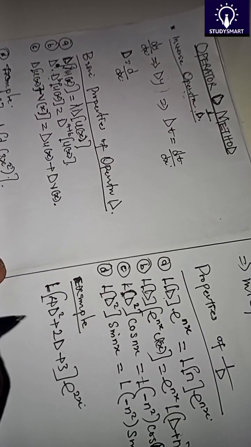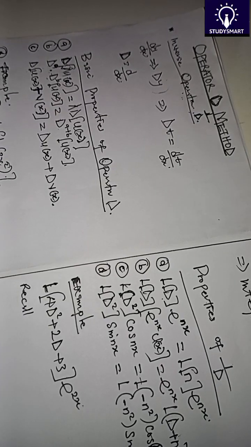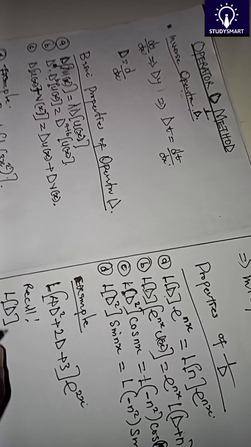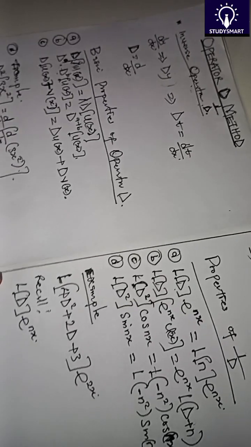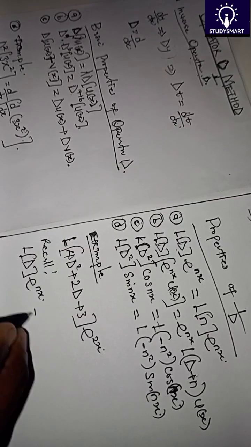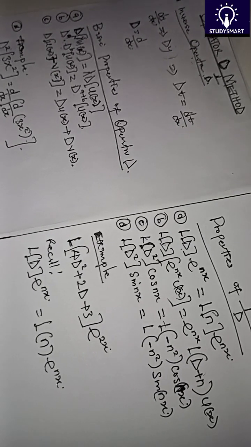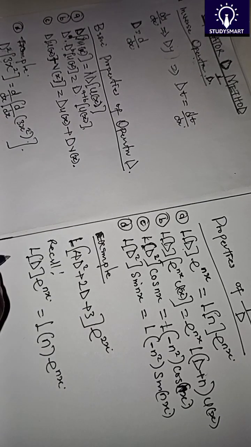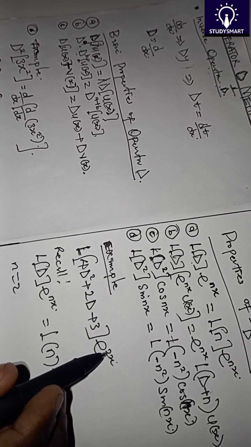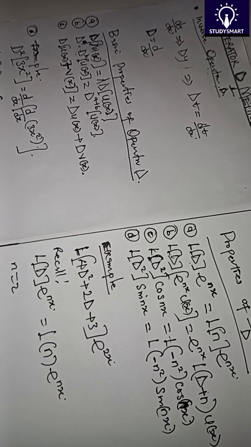Following the properties, recall that L of D exponential nx, where I said that n can be any number, is equal to L of n exponential nx, which means that here my n is 2. So anywhere I see D in this expression, I should replace it by 2.